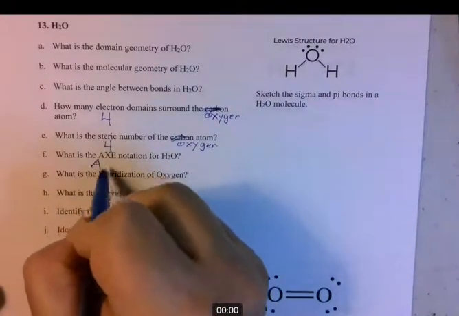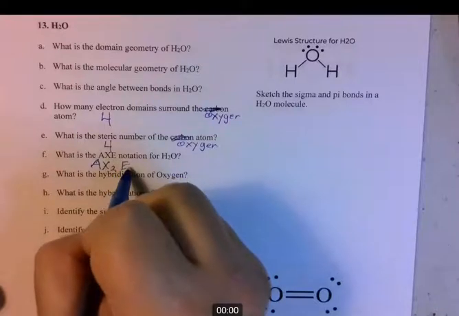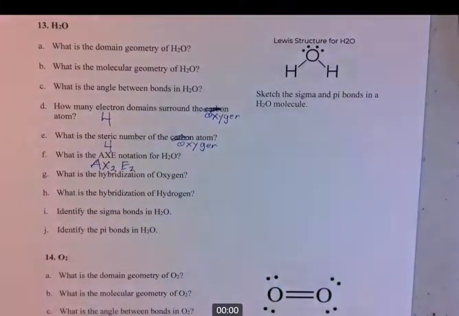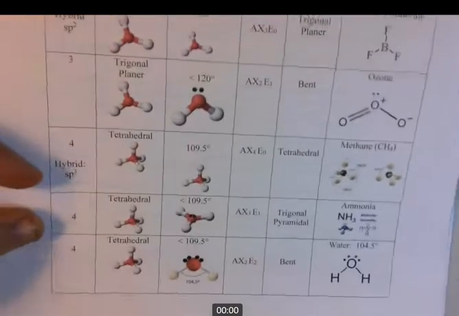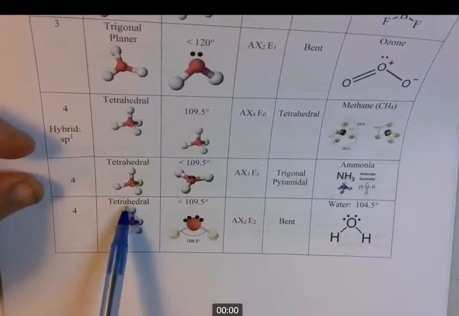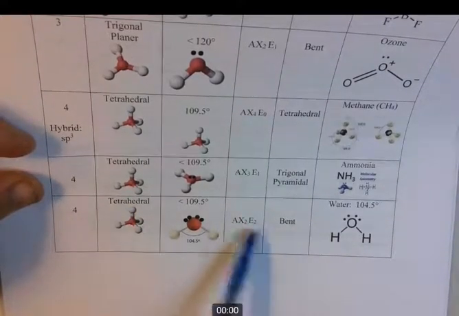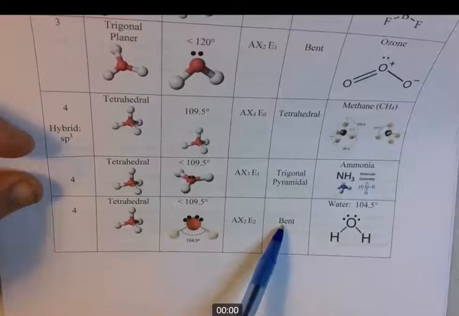The AXE for this is AX. There's 2 bonding, and there's 2 lone pairs. So AX2E2. Come over here to your chart. There it is, AX2E2. So the electron domain geometry is tetrahedral, and the actual molecular shape is bent.